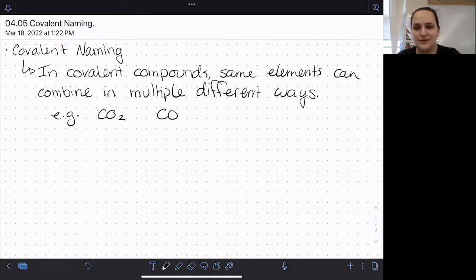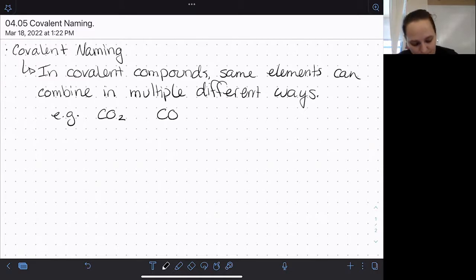You'll notice some similarities to ionic naming: we have that "ide" ending still for our last element, but we have this extra piece, the prefix of dioxide versus monoxide, specifying how many oxygens are in these two compounds. Di means two, mono means one, and that's how the difference in the formula is reflected in the name.